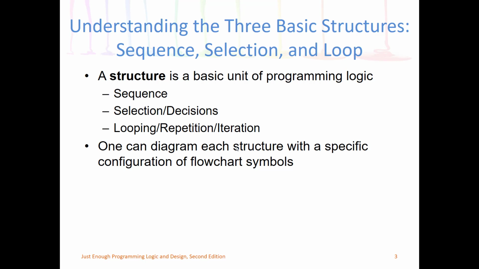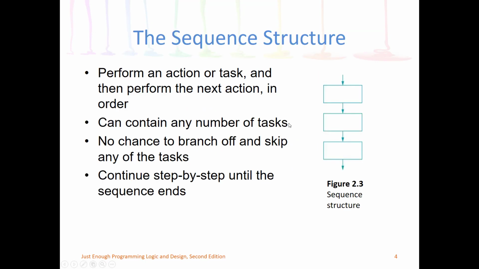It's also called repetition, or iteration. You'll see it in different contexts like that. And you can diagram any program using one, two, or all three of those. So it's very powerful, and it also reduces the inherent problem with logic errors that you get from spaghetti code, unstructured programs. So let's continue on here.